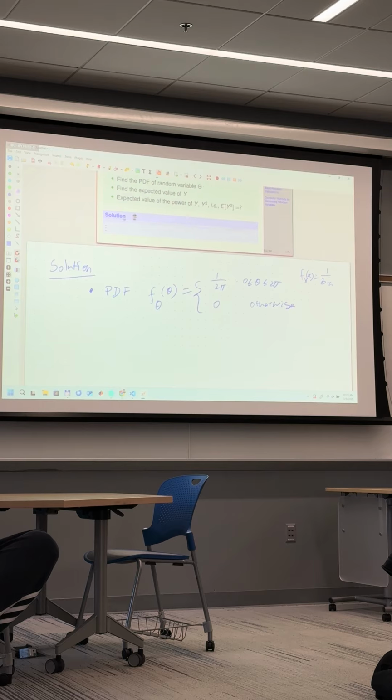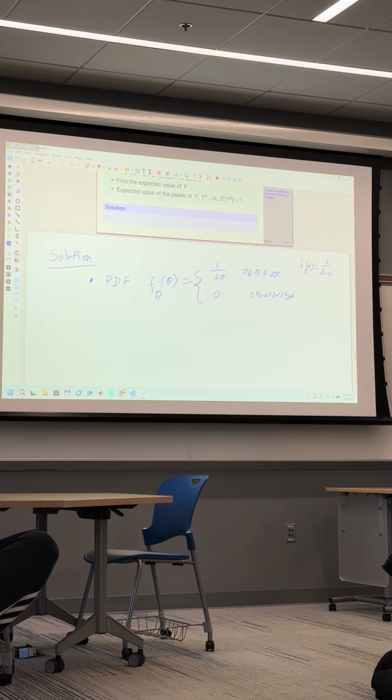And the second part, find the expected value of y. So expected value of y equals expectation of g of theta, which is basically integration from negative infinity to positive infinity of g of theta and then f theta d theta.